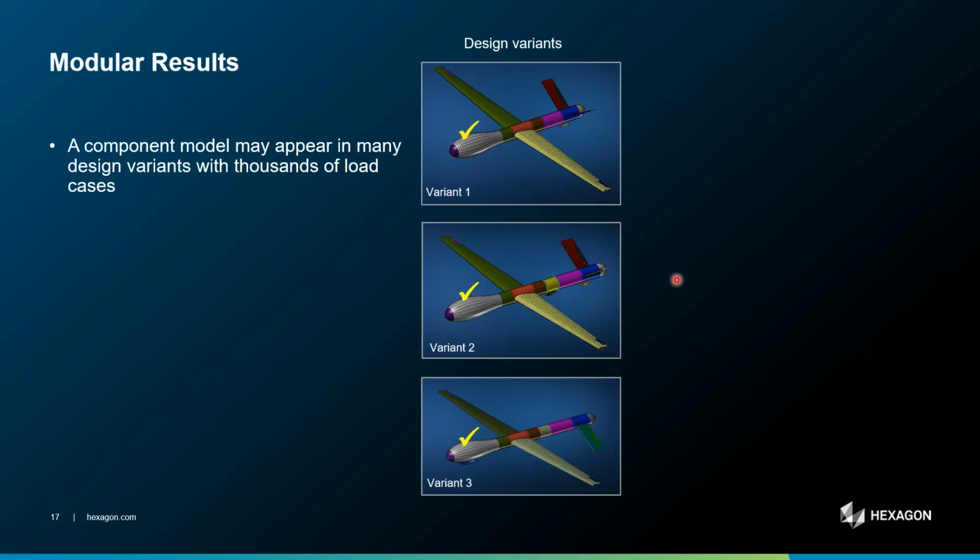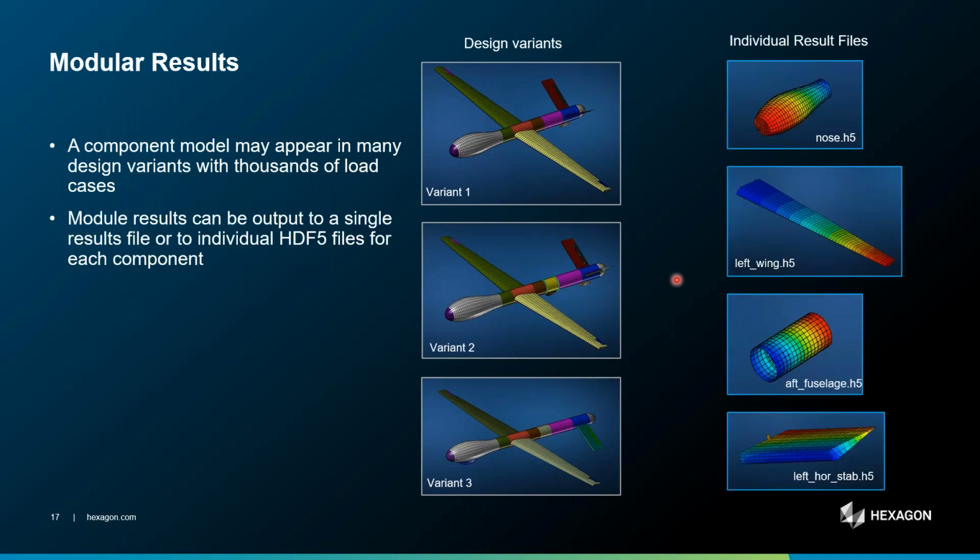So modules allow modular results, and that's important because a component may show up in many design variants with lots of load conditions. The modular results can be output to a single results file, so everything can be dumped into one bucket. But I can also write the results for individual components into individual HDF5 result files.